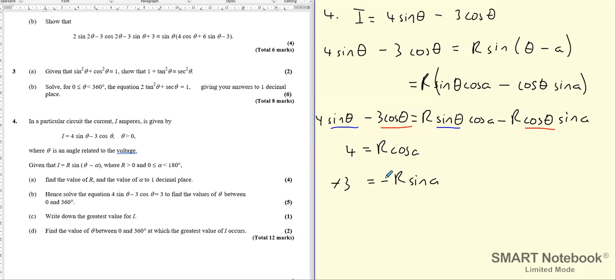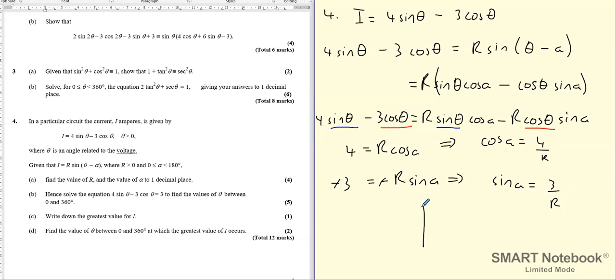The minuses cancel and we get r sine alpha equals 3. Now from there, your teacher might have taught you slightly differently, but I like using SOHCAHTOA from this point forward. So I make cos alpha the subject, and I say that is 4 over r, and sine alpha is 3 over r.